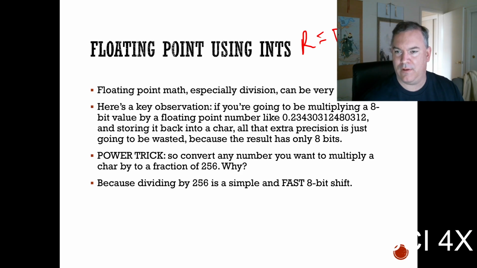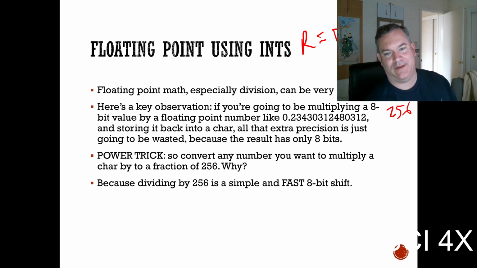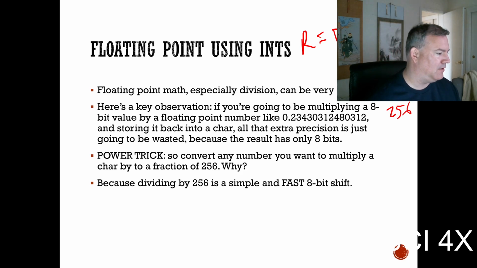Convert this to some fraction of 256 using your third grade math powers. Zach says multiply by 60, then shift 8 times. Yes, exactly. So you can get floating point math using just a multiply and a shift, and that's a lot faster than doing floating point numbers.